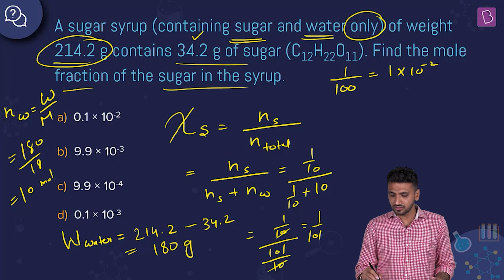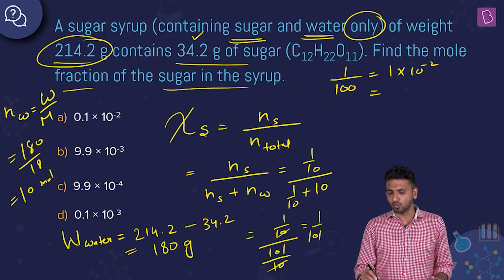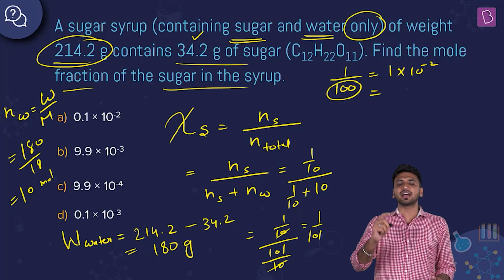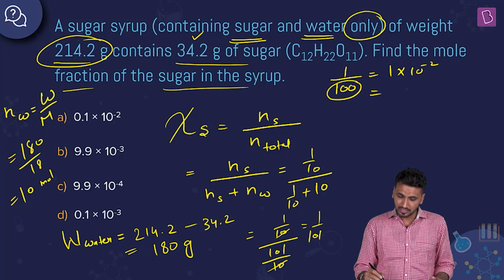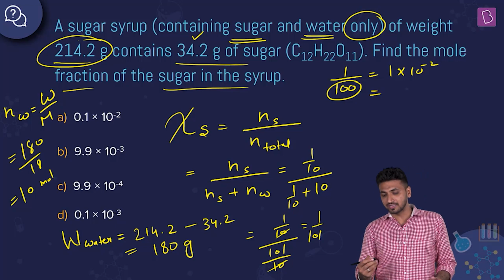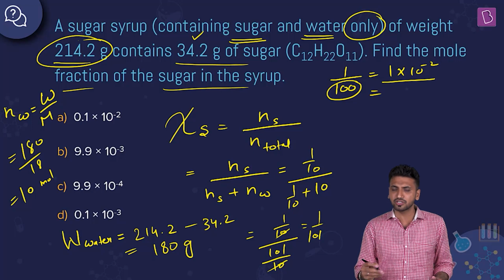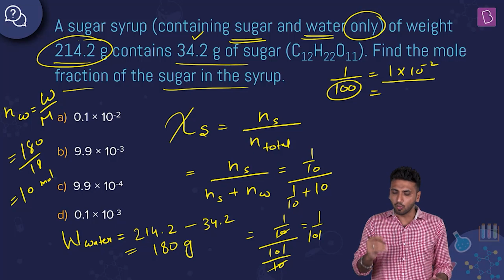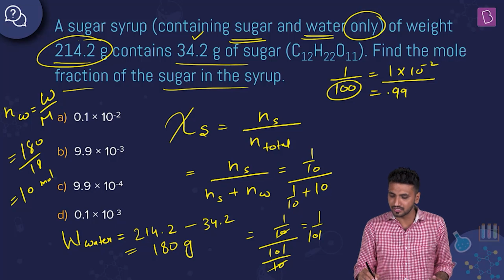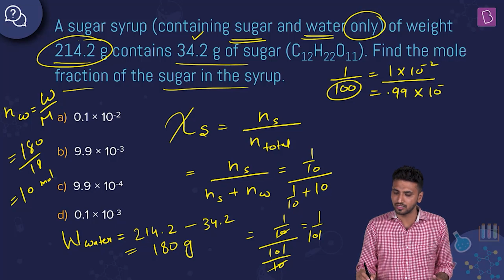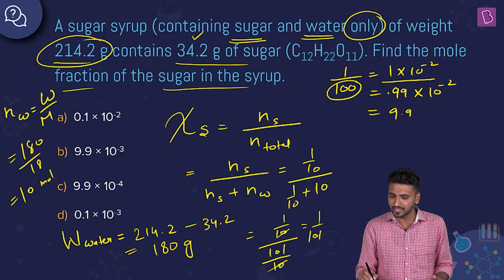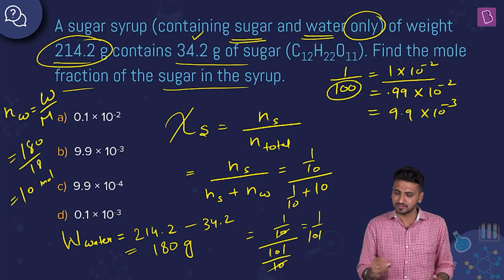I have assumed 101 as 100. If it would have been 101, then this fraction is going to be slightly less than 1 into 10 raised to power minus 2. That means it is going to be 0.99 into 10 raised to power minus 2. So if you convert this, it will be 9.9 into 10 raised to power minus 3.